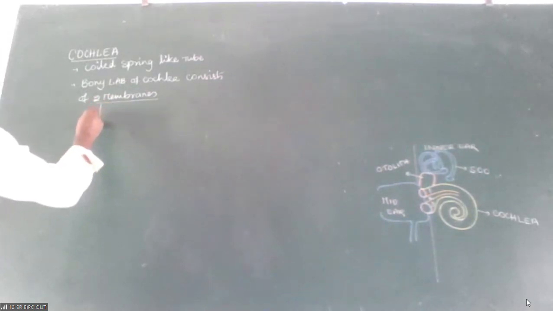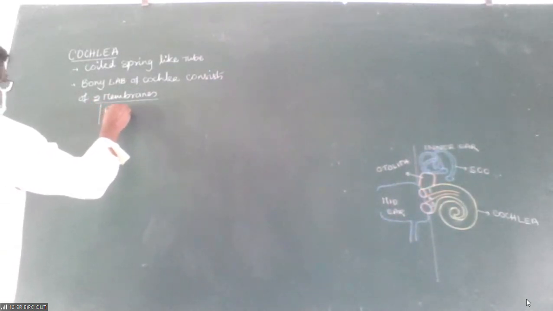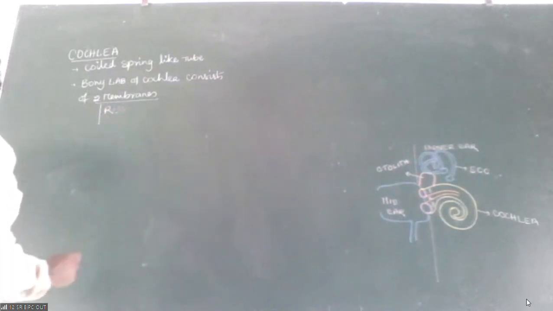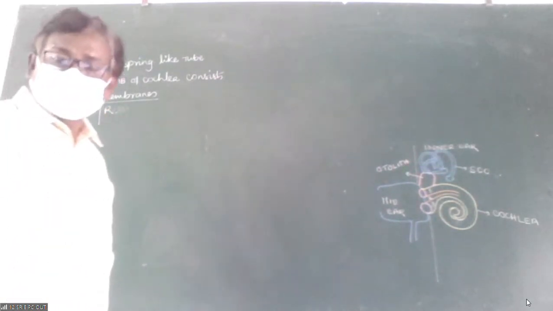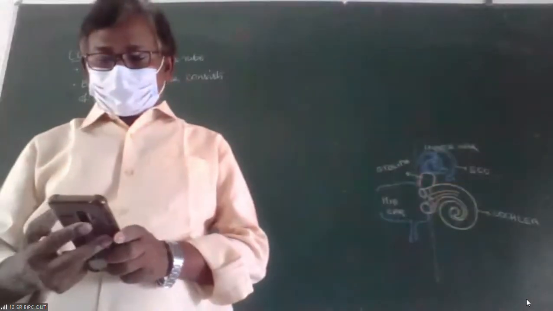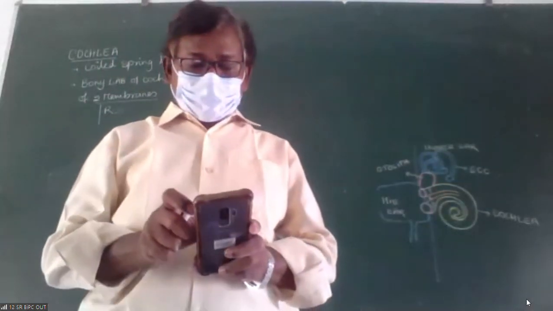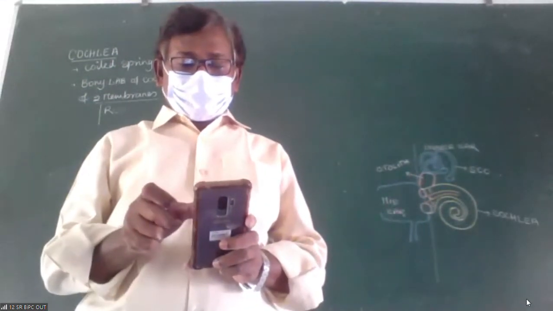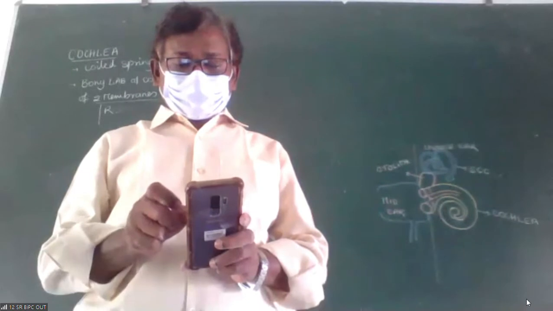Number one is called Reisner's membrane. So there are two membranes being formed here, and the two membranes can be seen.